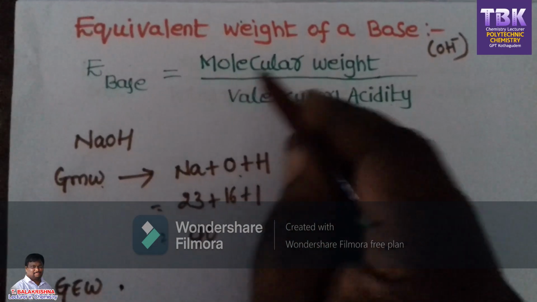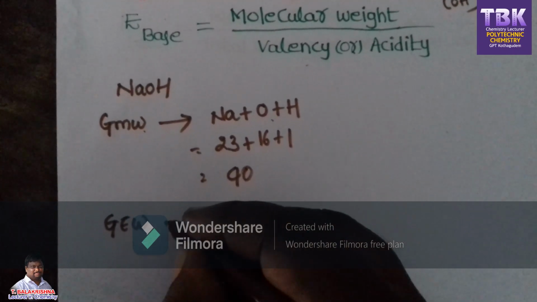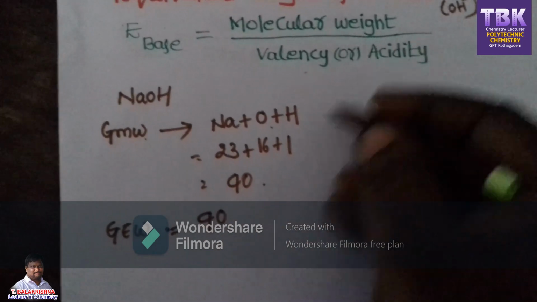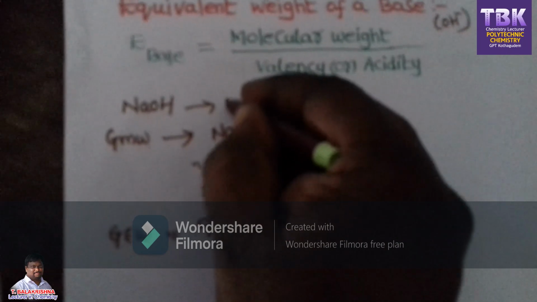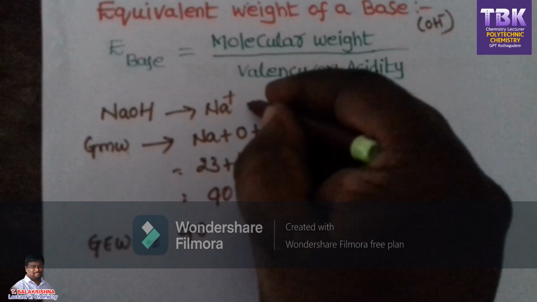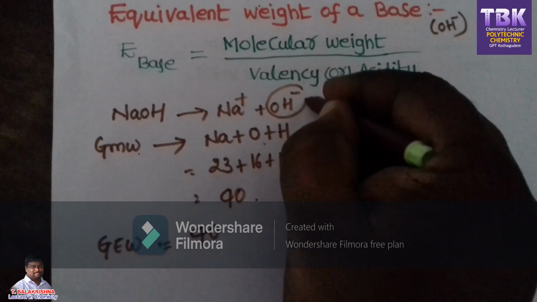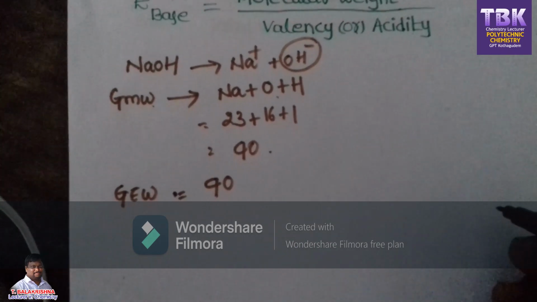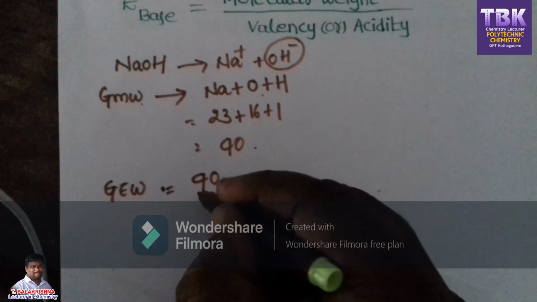We have a formula: molecular weight by acidity. Here molecular weight is 40. What is the acidity? The number of replaceable ions. NaOH gives Na plus and OH minus. It produces OH minus, and that OH minus ion is replaceable by other ions. So what is the acidity of this one? 1.